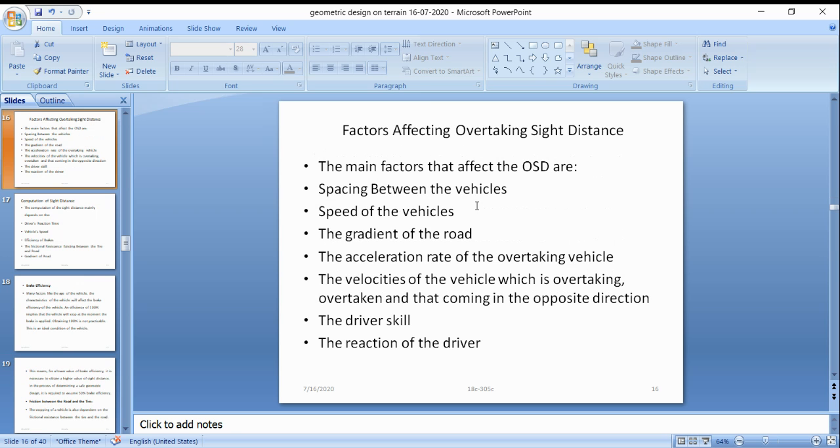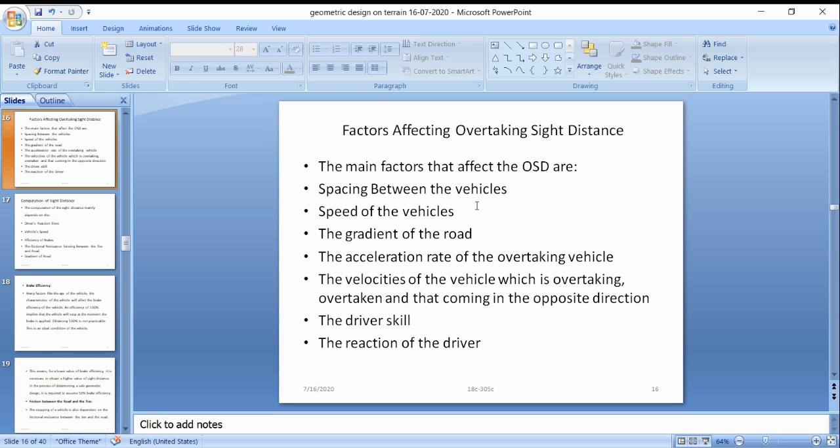So what are the factors affecting overtaking? The first factor is the spacing between the vehicles. If you want to overtake, space should be there to overtake the vehicle. Next, the speed of the vehicle. If you want to overtake, you definitely increase the speed. Next, the gradient of the road.